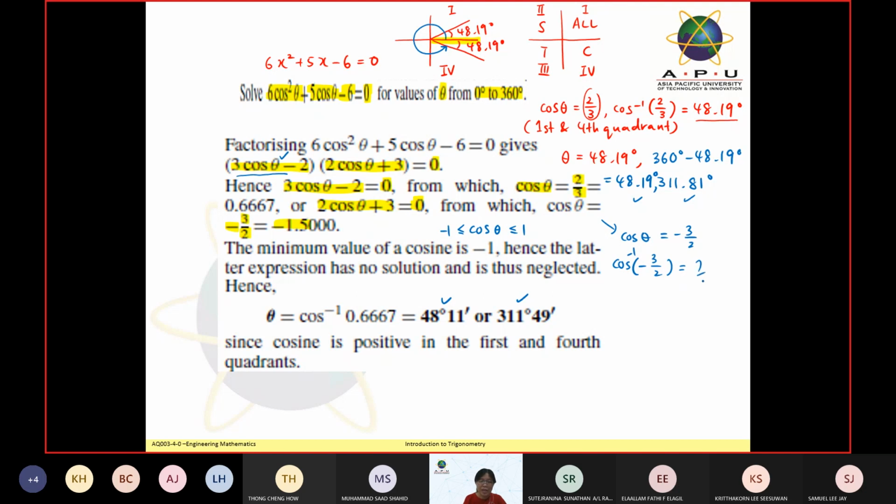That means there's no solution, so you just ignore it. For this question, you have only two answers for theta, which are 48.19 and 311.81.